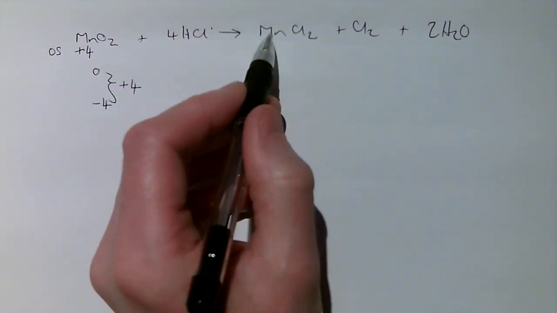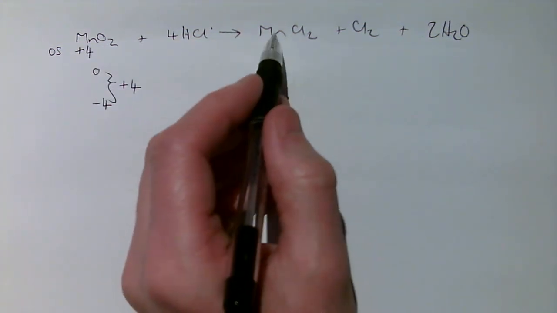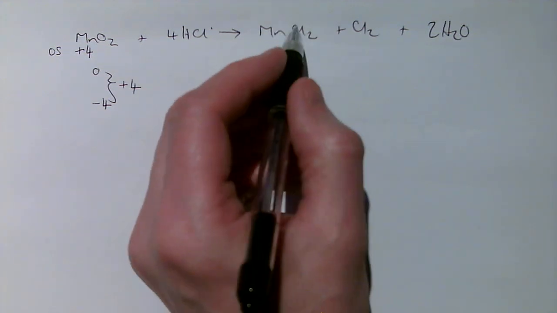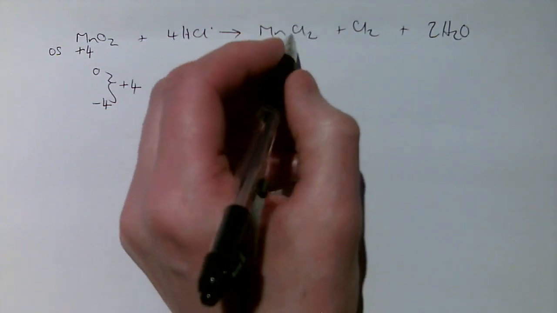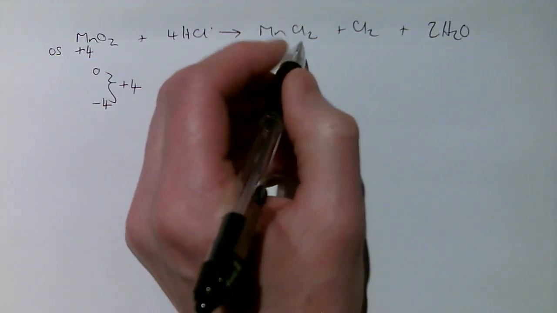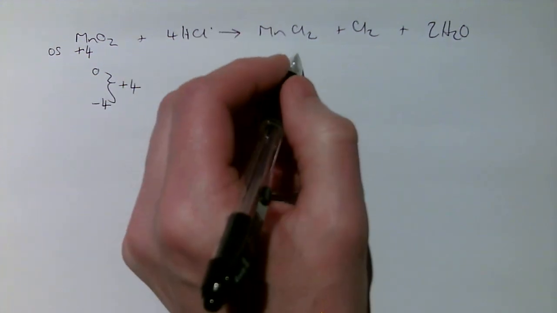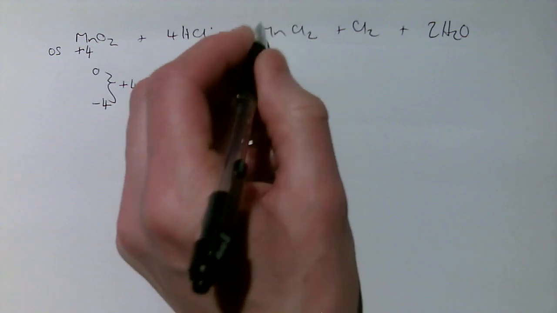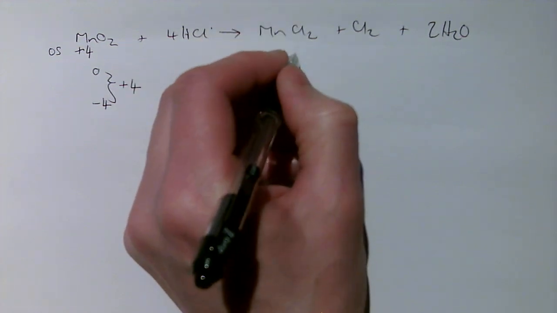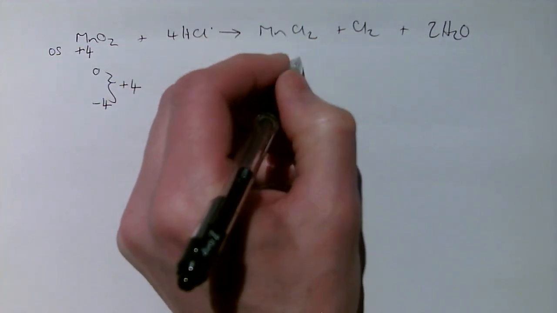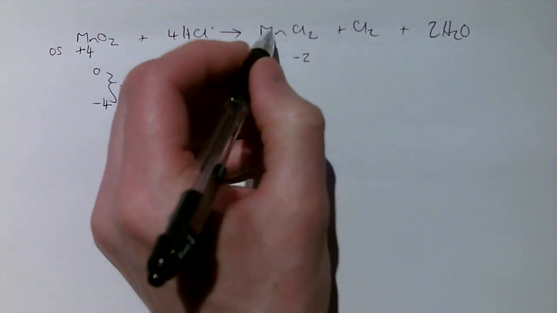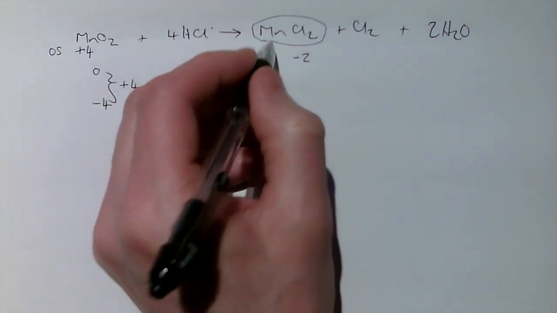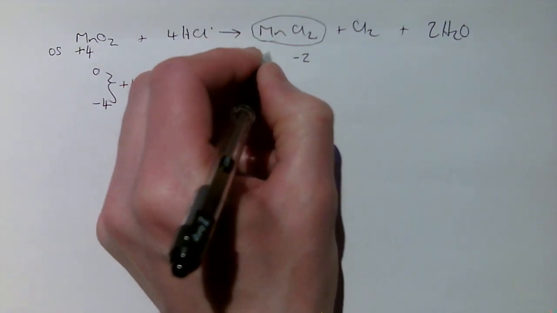Let's have a look at what happens to the manganese here. It forms manganese chloride. The chloride ions are Cl-, and there's 2 of them, so the contribution from the chloride is -2. The overall charge on that whole species is 0, so this manganese must be contributing +2.